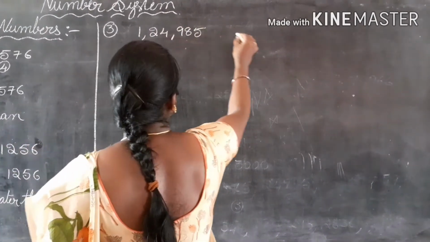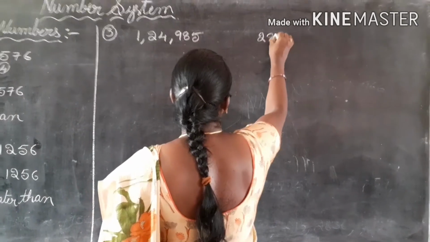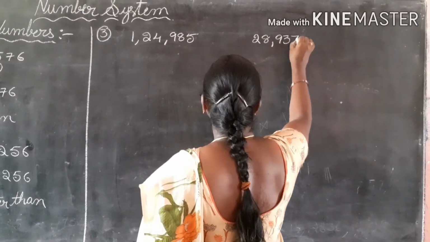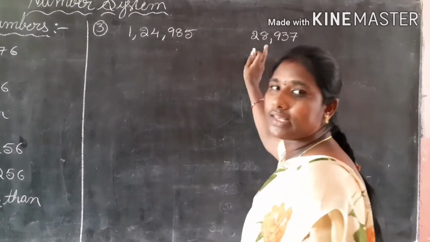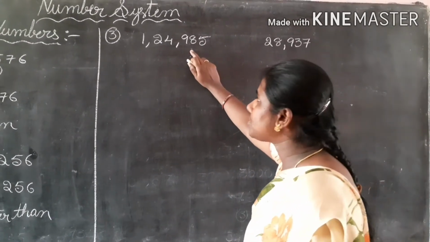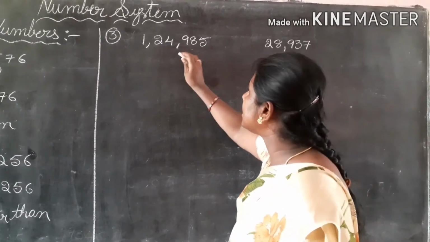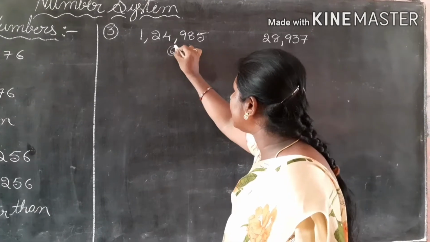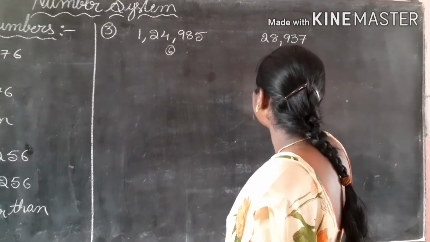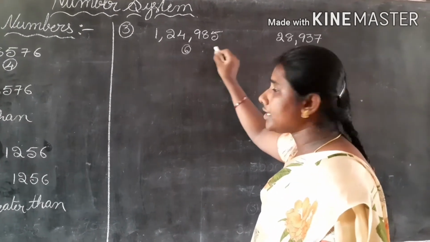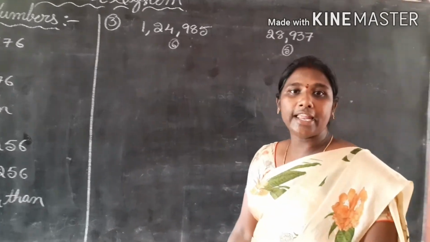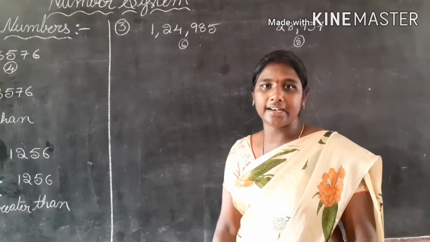Next one is 1,24,985 and 28,937. Now in these two, which is the greater number? Here first we have to write their number of digits. This number contains 6 digits and this number contains 5 digits. Which number contains more digits? That is the greater number.